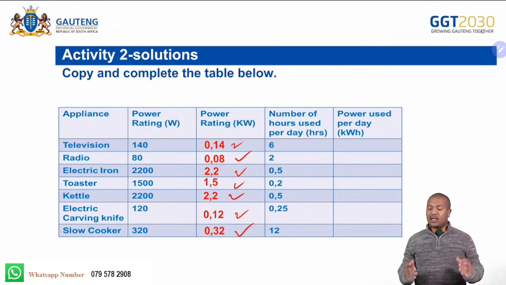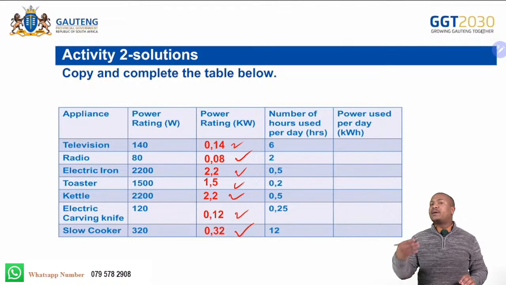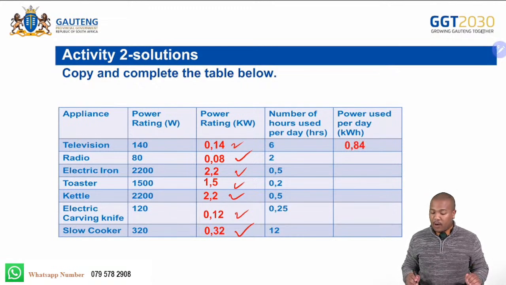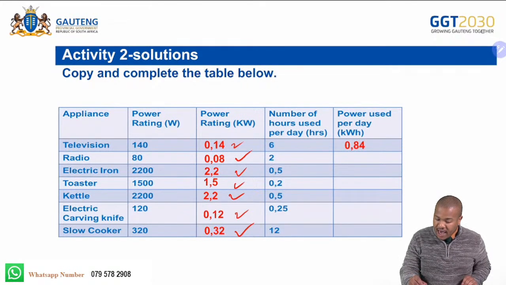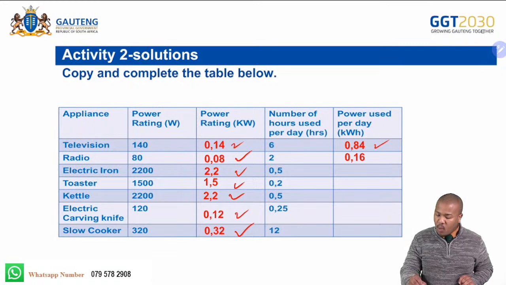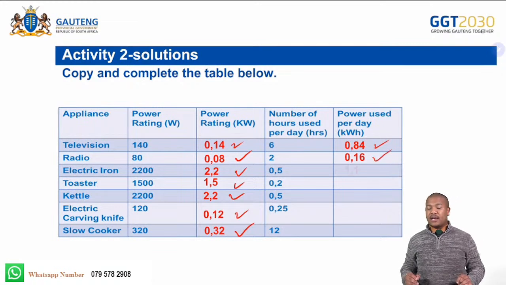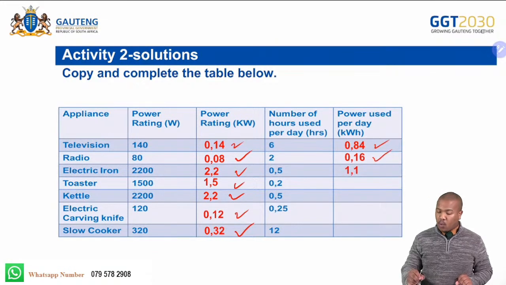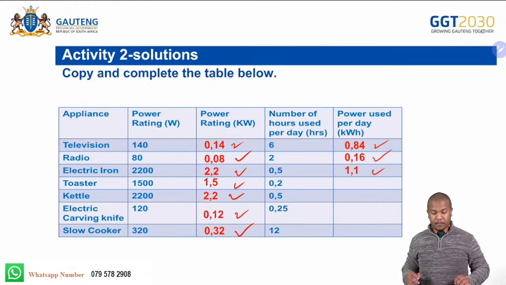Now let's look at the power used per day. Using all the information we got, it is 0.84 kilowatt hour for television. Radio is 0.16 kilowatt hour. Electric iron is 1.1 kilowatt hour.